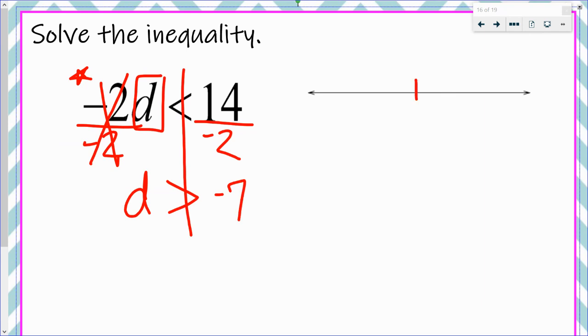Okay, so d is greater than negative 7: open circle, shading to the right.